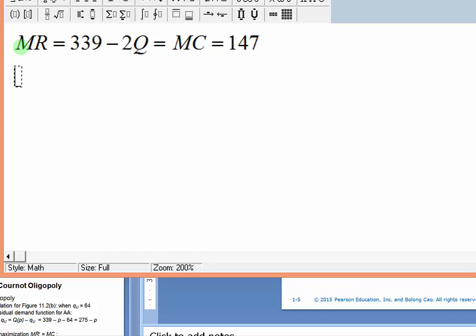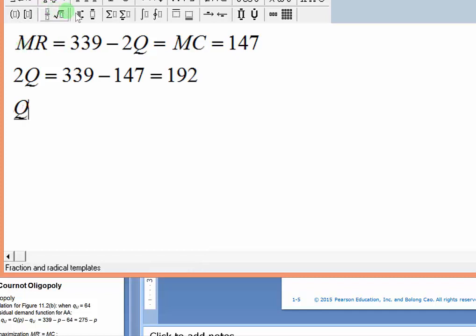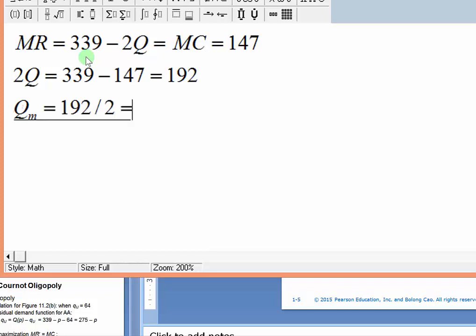So 2Q equals 339 minus 147 equal to 192. Then the monopoly output quantity, Qm, will be 192 divided by 2 equal to 96.